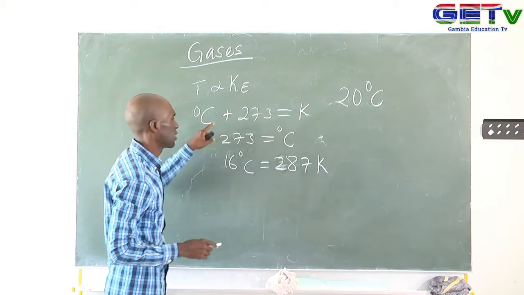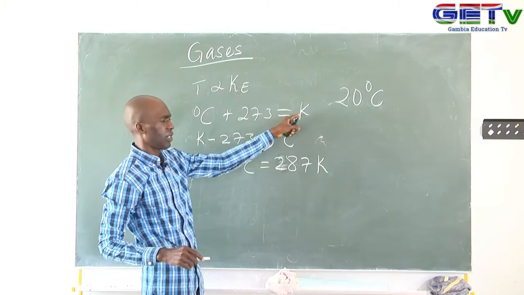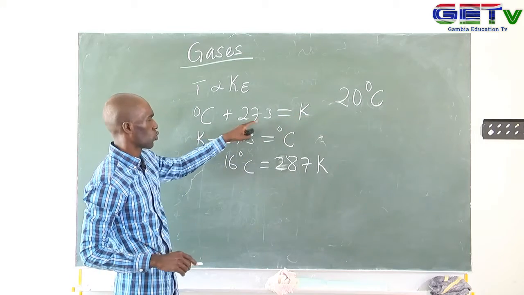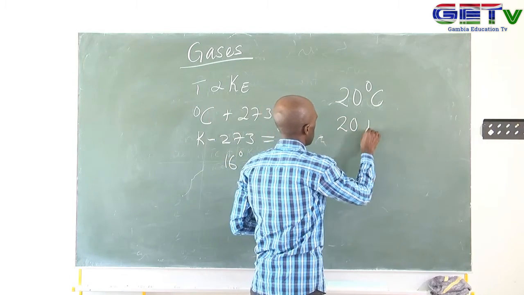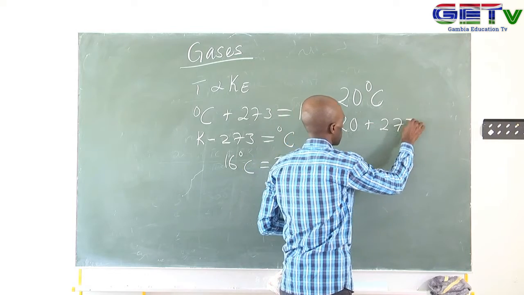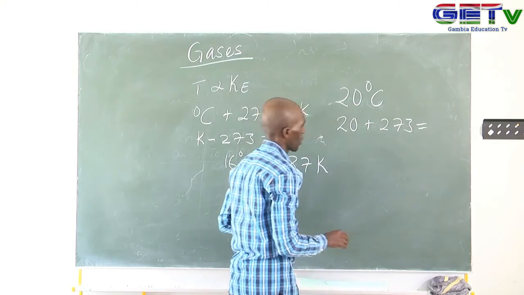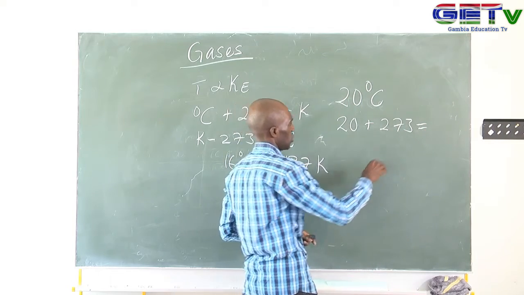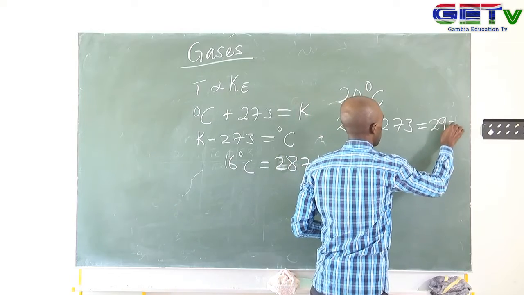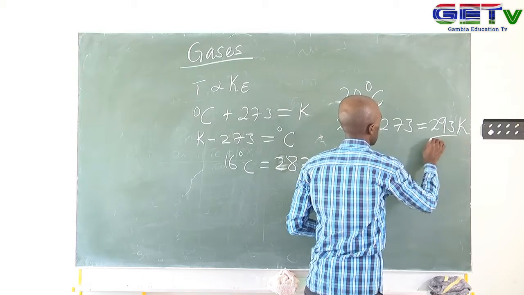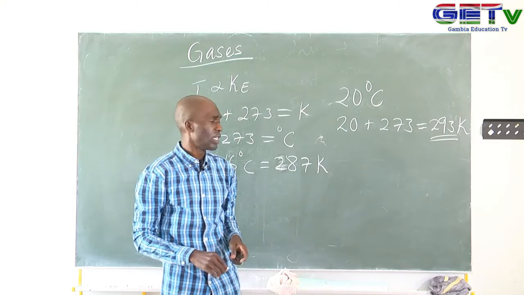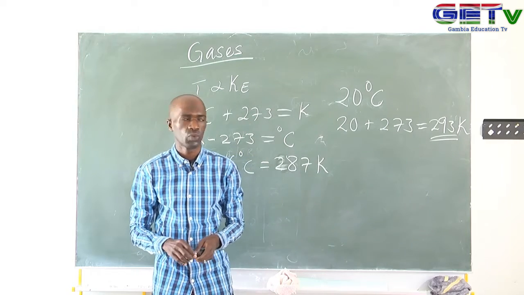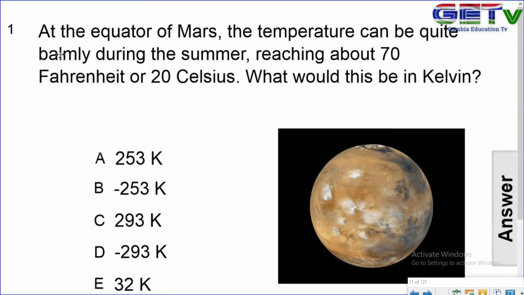To convert to Kelvin, we add degrees Celsius to 273. So we'll have 20 plus 273, and this will give us 293 Kelvin. So the temperature of 20 degrees Celsius is equivalent to 293 Kelvin.